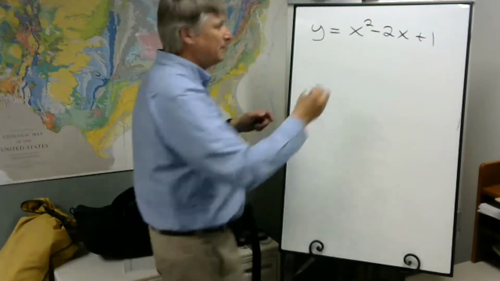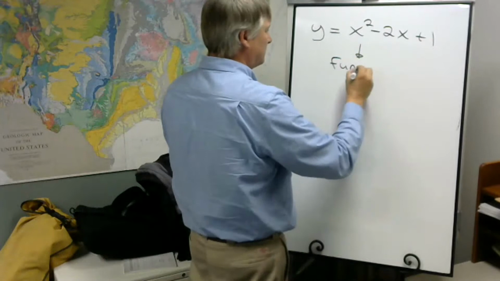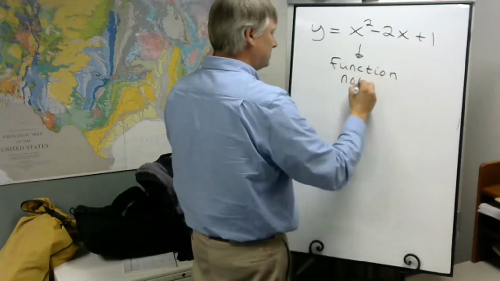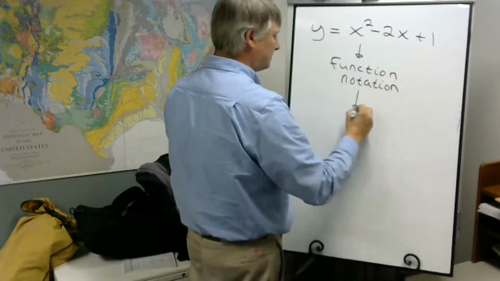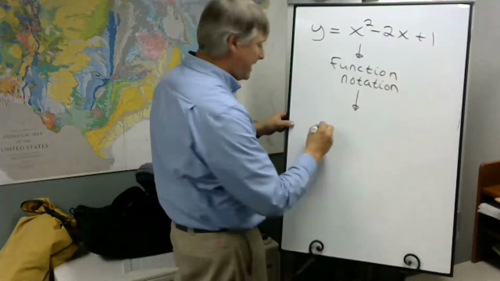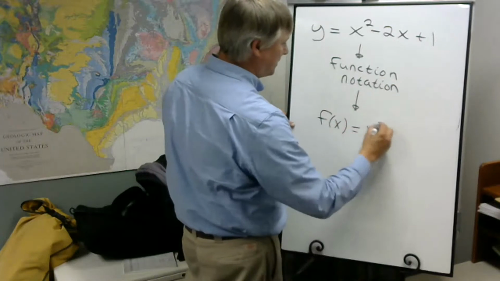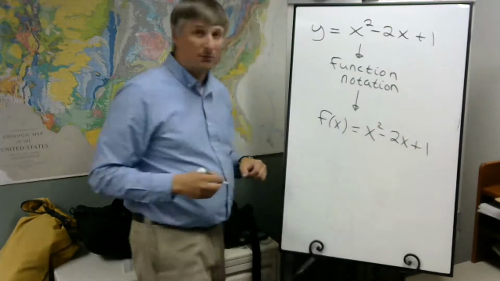We can express this in what's called function notation. And this is where you get f of x equals x squared minus 2x plus 1.